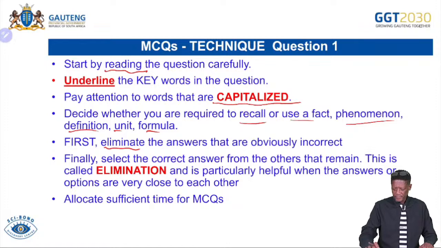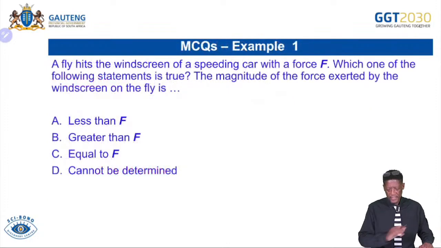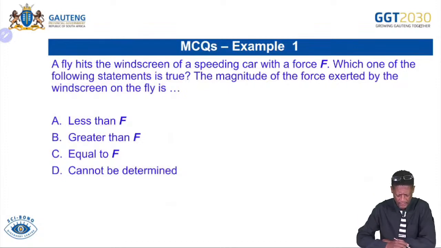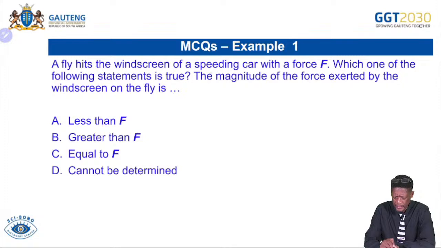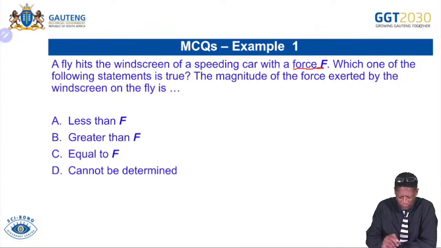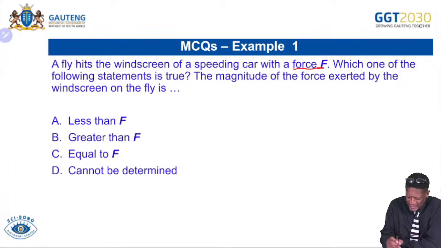Now, this is question 1 that we have. Let's read fast. It says a fly hits the windscreen of a speeding car with a force F. We are giving force F there. Which one of the following statements is true?